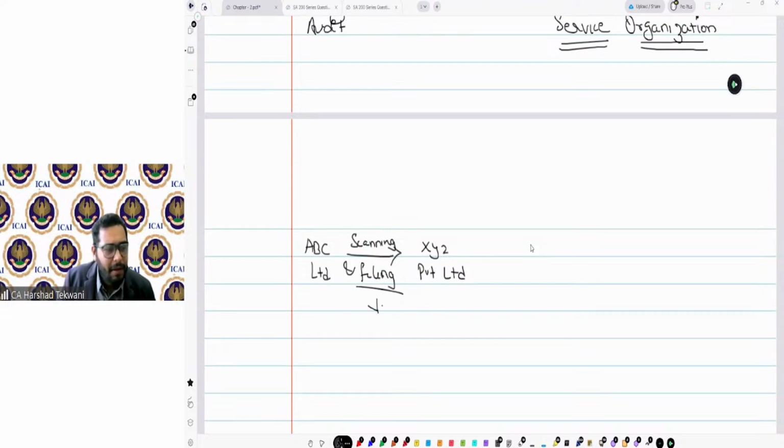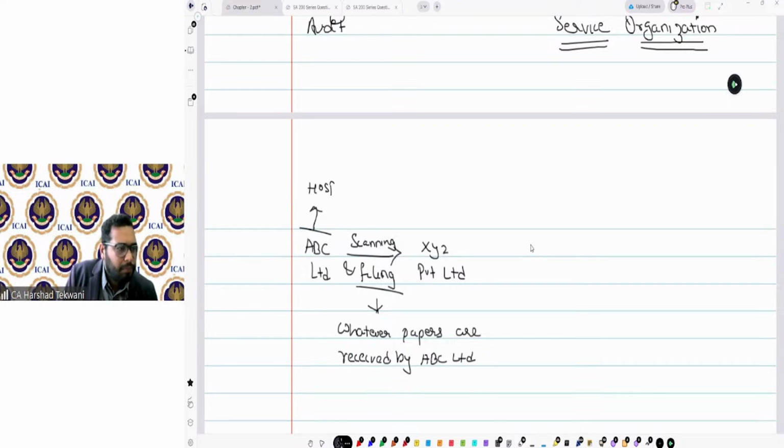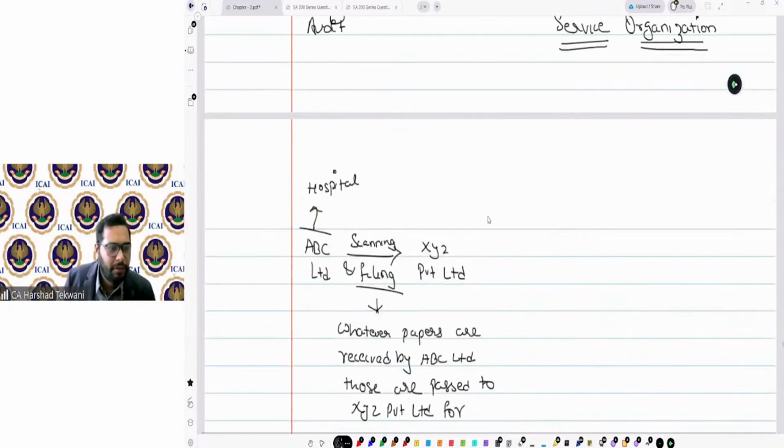The service here is that whatever papers are received by ABC Limited, because ABC Limited is a hospital kind of service provider, those are passed to XYZ Private Limited for scanning and archiving.